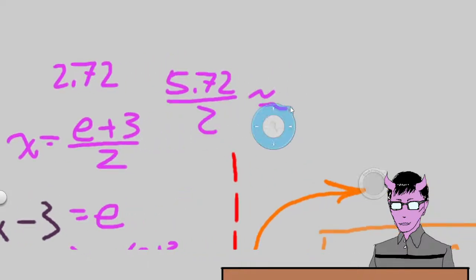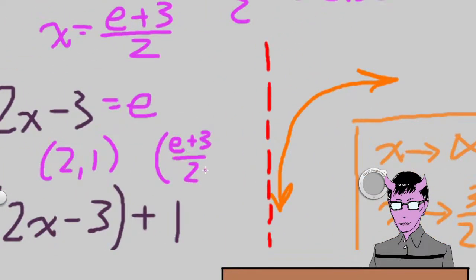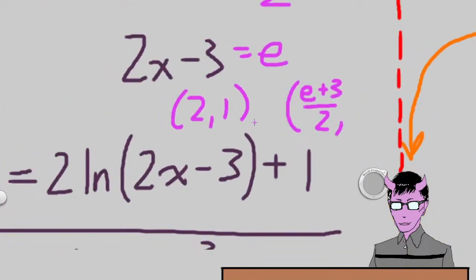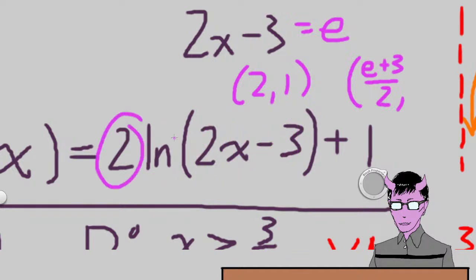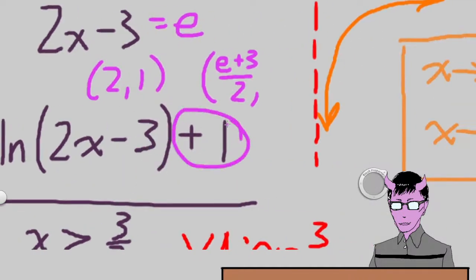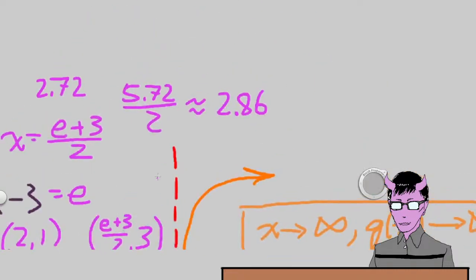So that one is approximately 2.86-ish. Not the nicest. But more importantly, if we force this whole thing to become e, log base e of e is just 1. 1 times 2 is 2, and then 2 plus 1 is 3. So this is the exact anchor point. This is just helpful for our graphing.